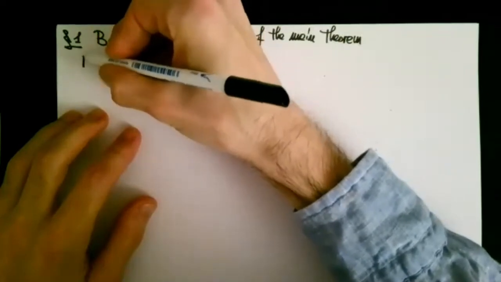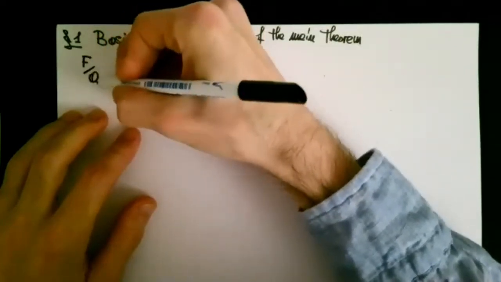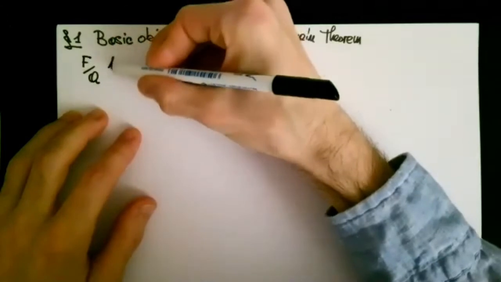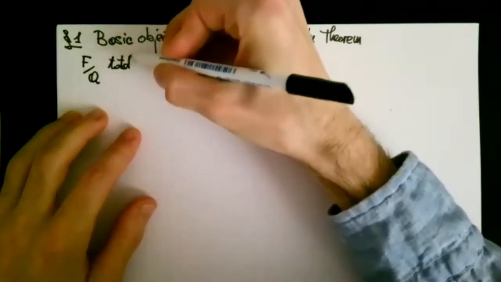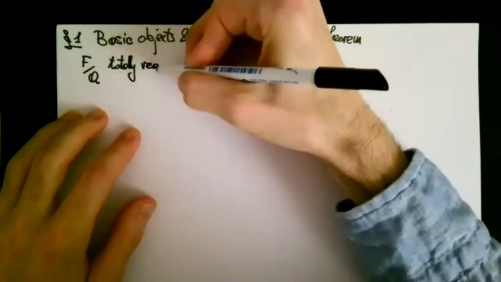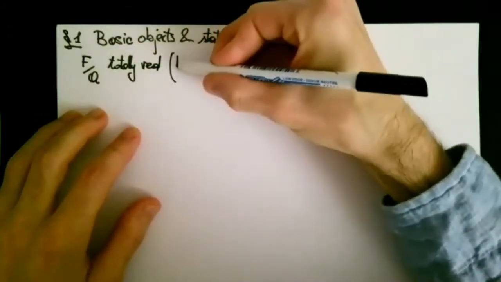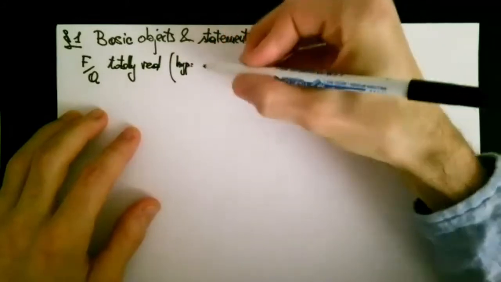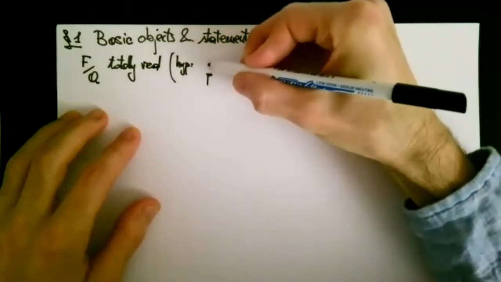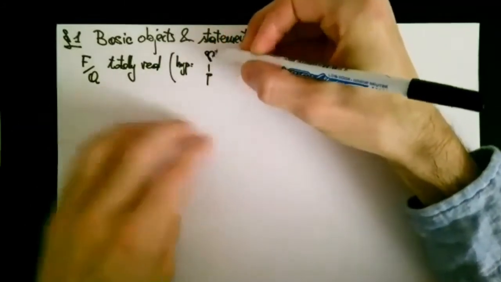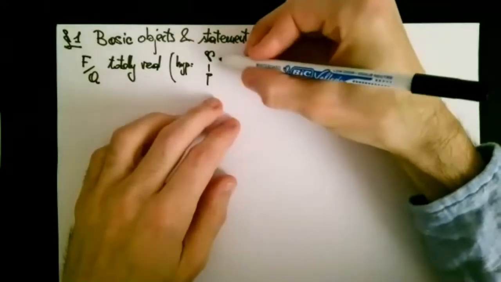and we consider F over Q a totally real field. And for simplicity, we assume that there is only one prime above p.